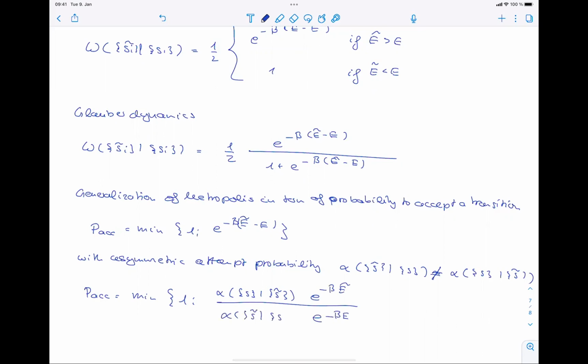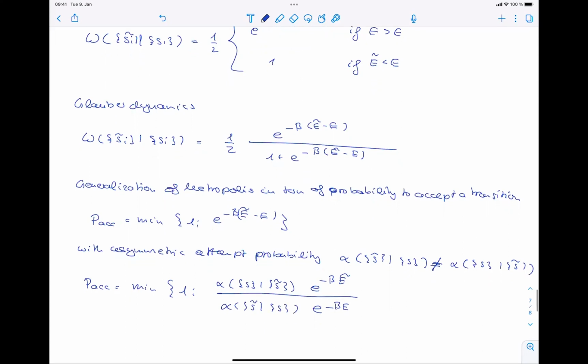And this, we'll see, comes out of the requirement to satisfy detailed balance. Okay, so this is where I stop today. Next week, I will give you the derivation of detailed balance, and then we'll do hands-on: what do I have to pay attention to when implementing Monte Carlo for a system of choice.